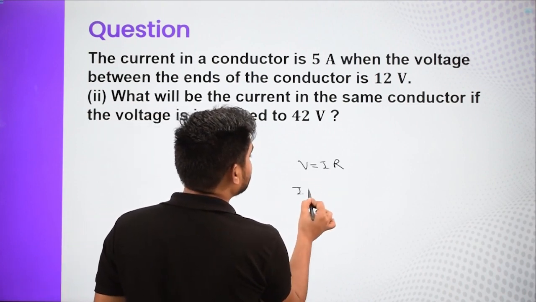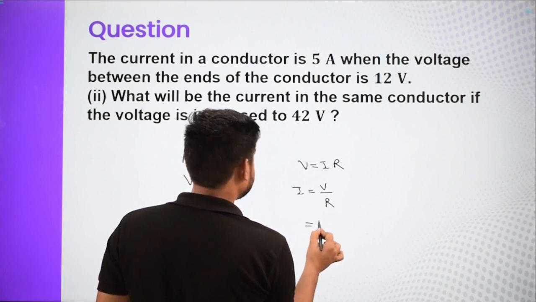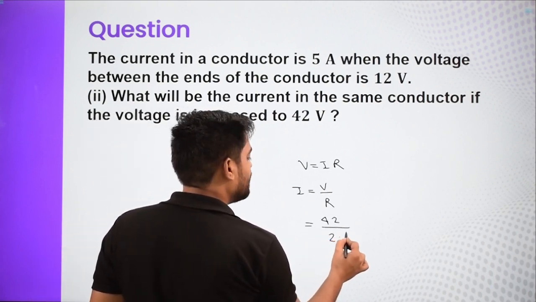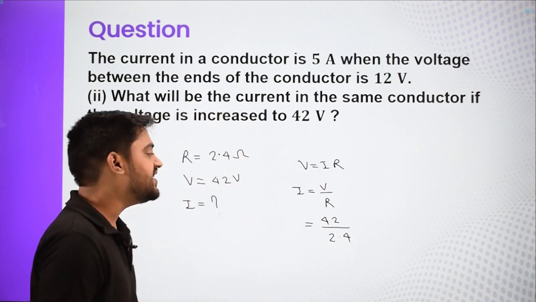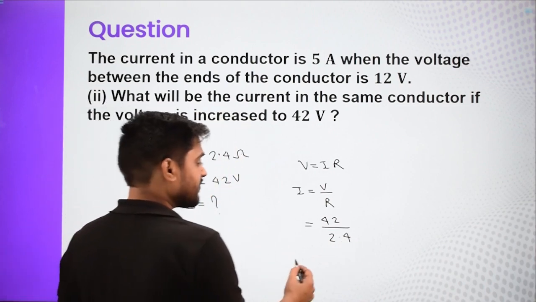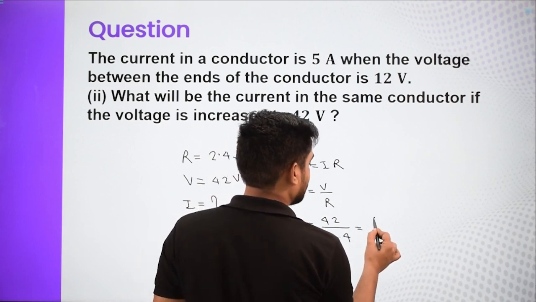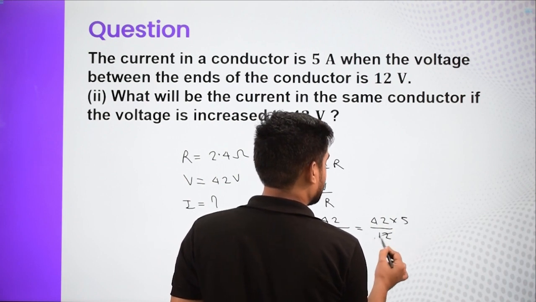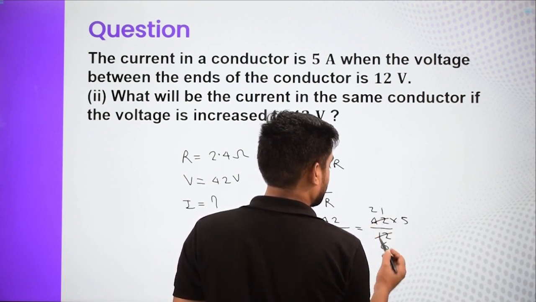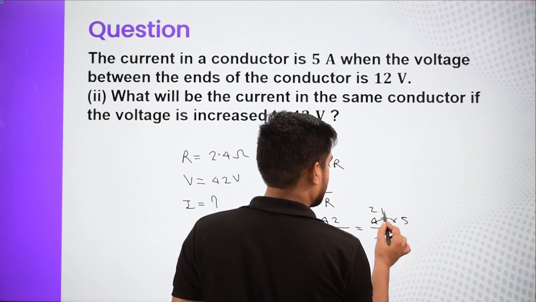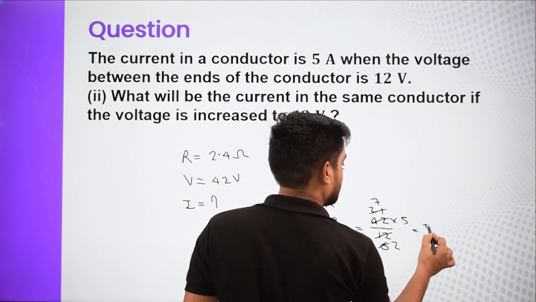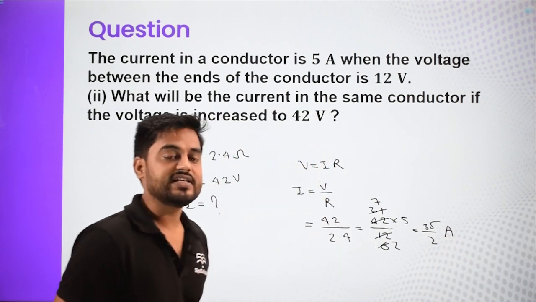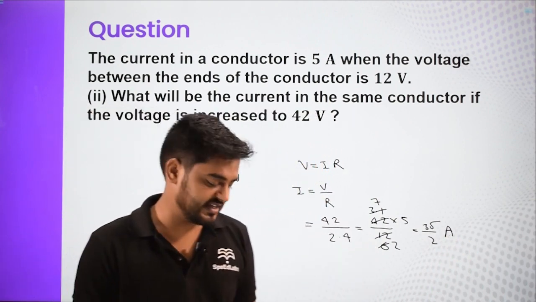Here I is nothing but V by R. Our voltage is 42 volt divided by our resistance, which is 2.4 ohm. Let us simplify it. This was 12 by 5. So it is 35 by 2 ampere, or we can say 17.5 ampere is the current.